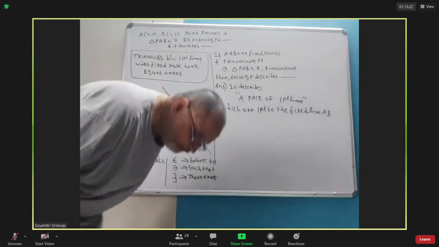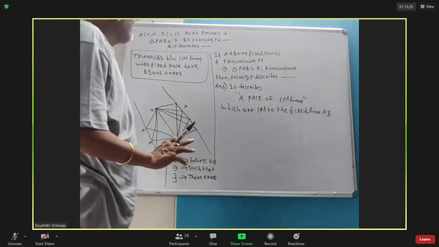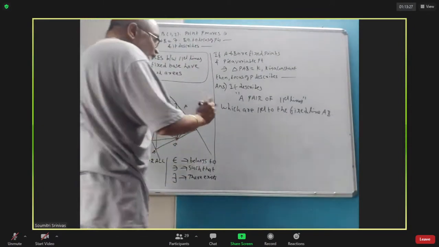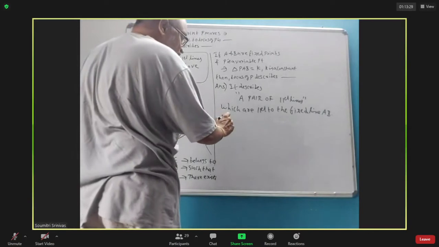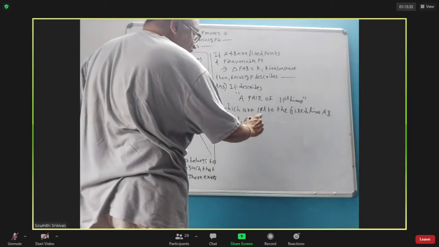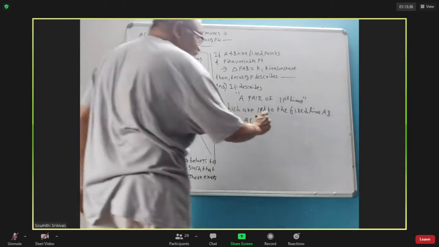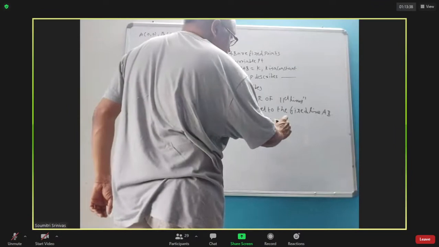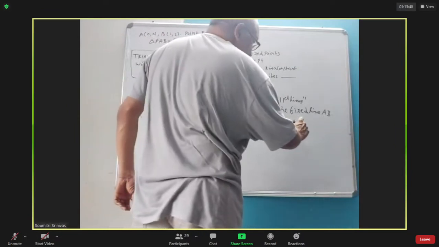No. Triangle area. What is your P? What is your A? What is your B? What is delta PAB?